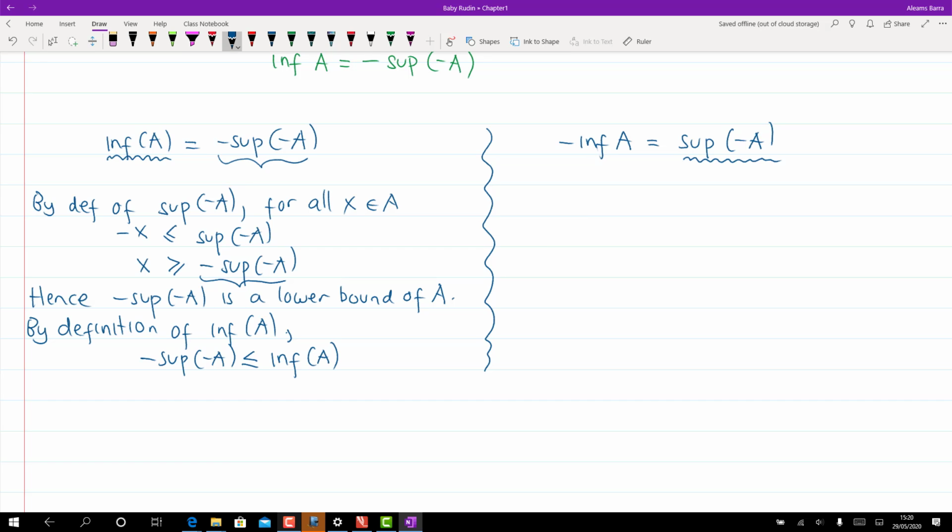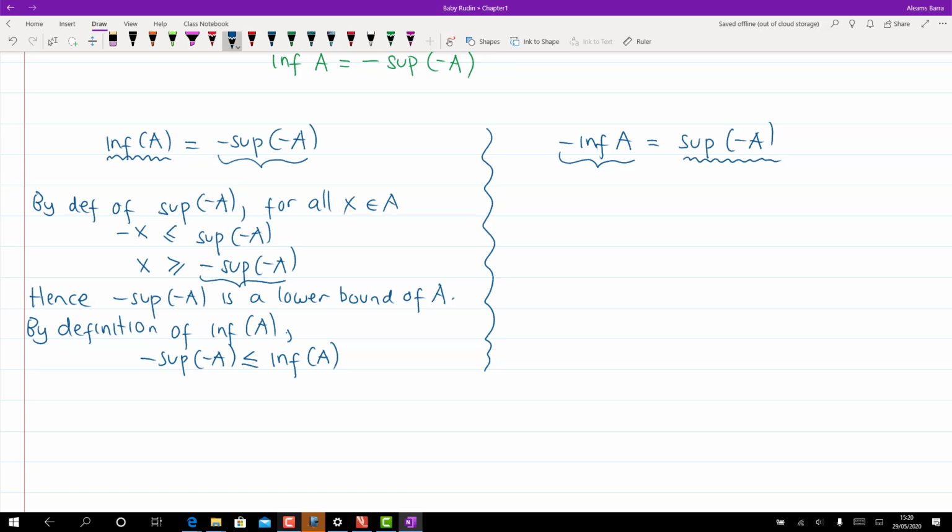Like I said before, on the right hand side we want to focus on the property of being a supremum. And in order to compare with this supremum, we need to show that this guy is also an upper bound, right?